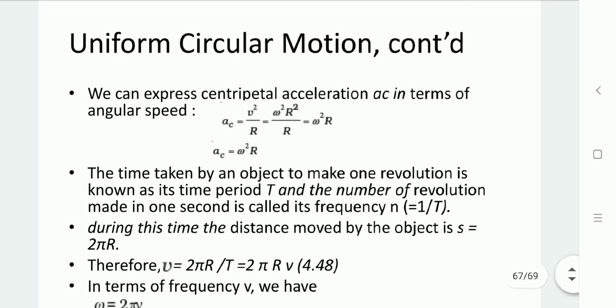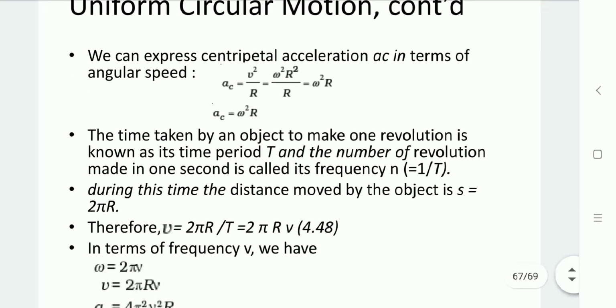Now, the time required by an object to move one complete circular path, let us define as the time period T. The number of revolutions done within 1 second can be defined as the frequency, equal to 1 by T. During that interval, the distance moved by the object, s, is equal to 2 pi r.